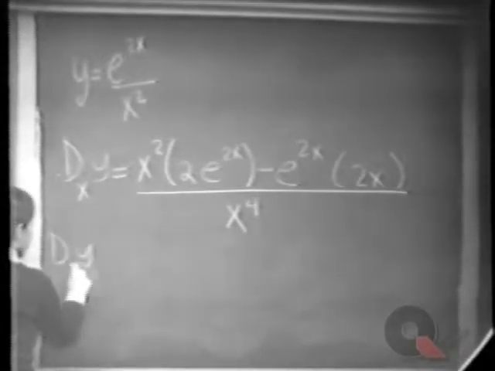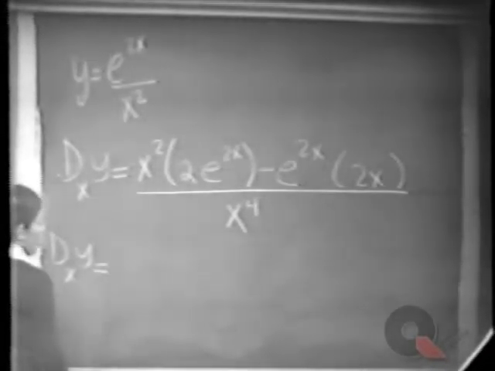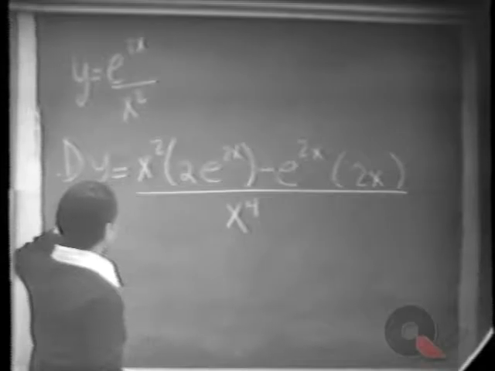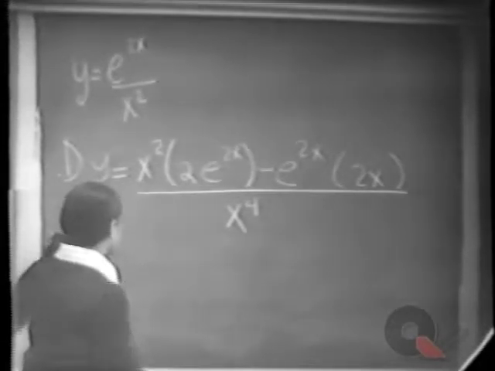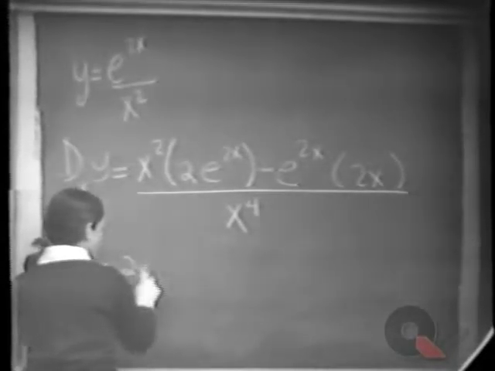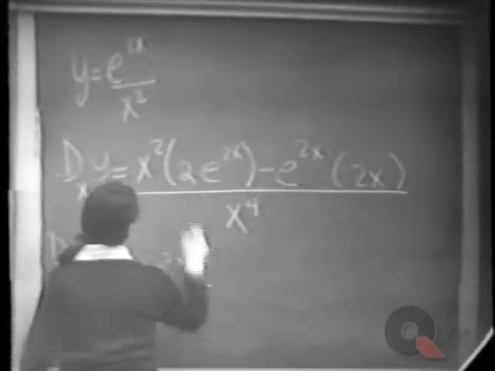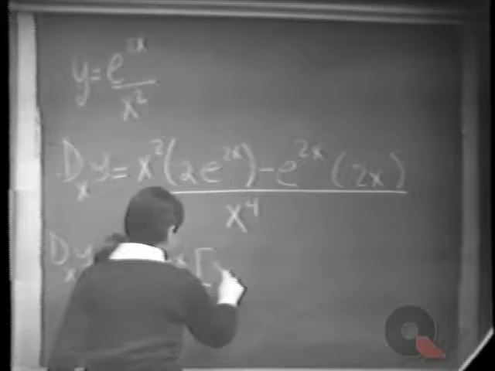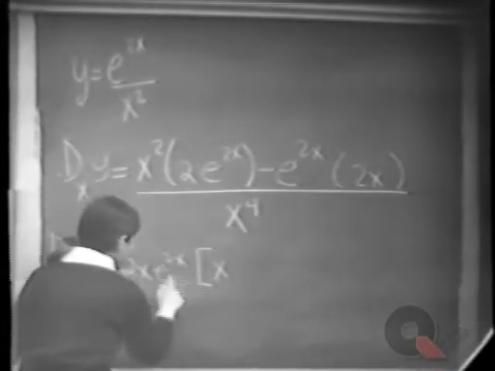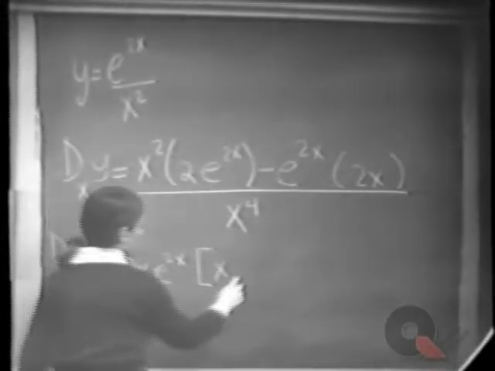We can simplify this a little. We see that both terms in the numerator have a 2x e to the 2x in them, so we can pull that out: 2x e to the 2x. We'd be left over here with an x to give us 2x squared e to the 2x.